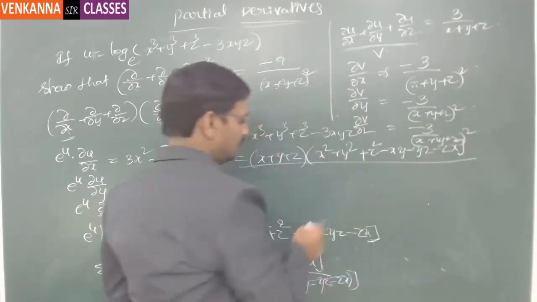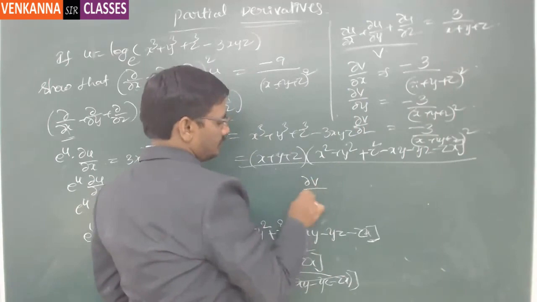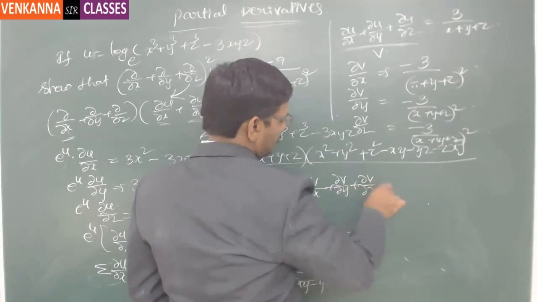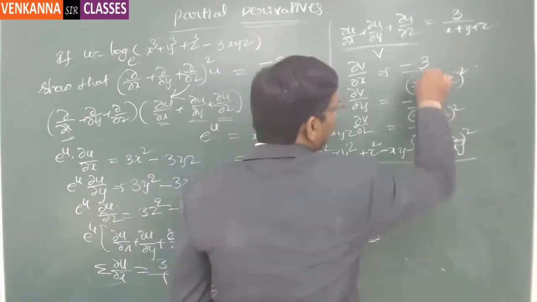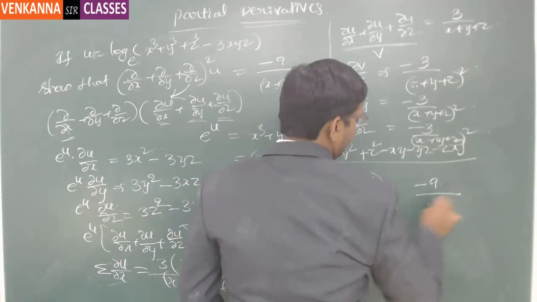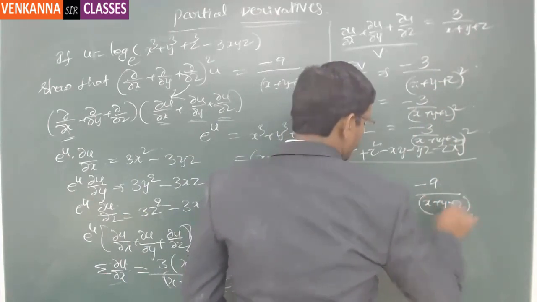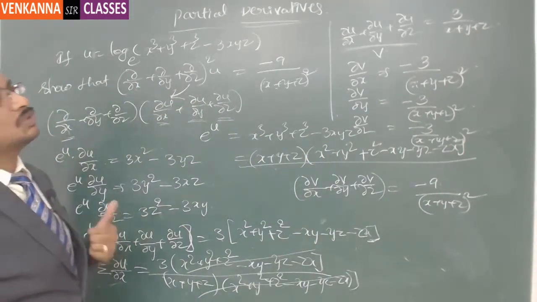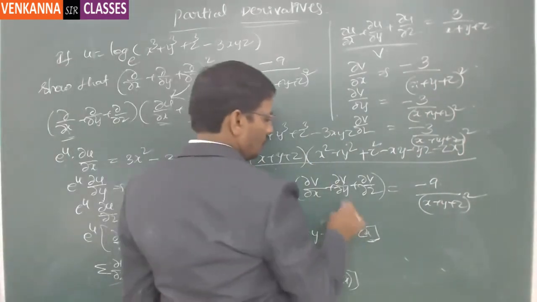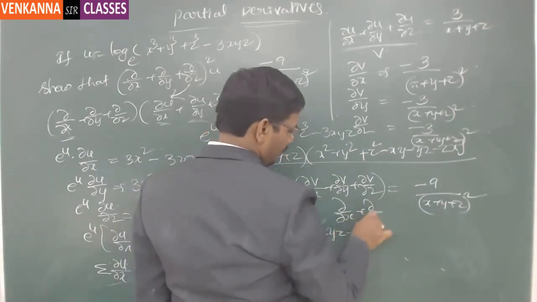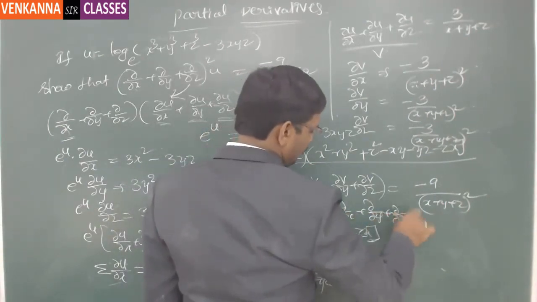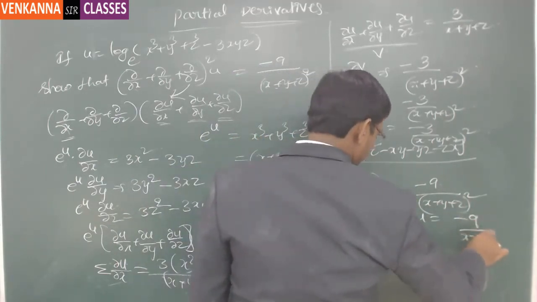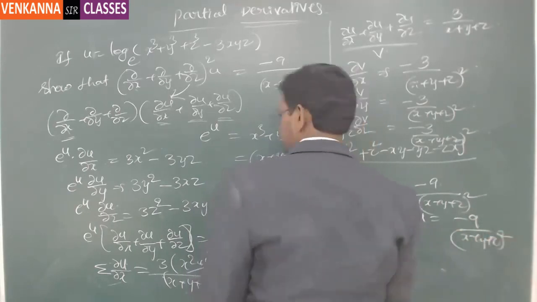Now, the sum of all these, that is ∂v/∂x plus ∂v/∂y plus ∂v/∂z is equal to minus 3 minus 3 minus 3, minus 9, divided by (x plus y plus z) whole square, where v is nothing but ∂u/∂x plus ∂u/∂y plus ∂u/∂z. That means (∂/∂x plus ∂/∂y plus ∂/∂z) of square of u is equal to minus 9 by (x plus y plus z) whole square.